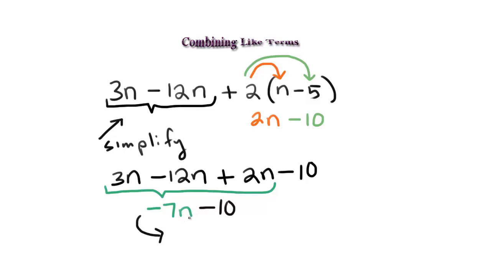Well, actually, you can't simplify anymore because you have an n and a number, right? So we can say this is the final answer. All right, so let's circle that. And that's our final answer.